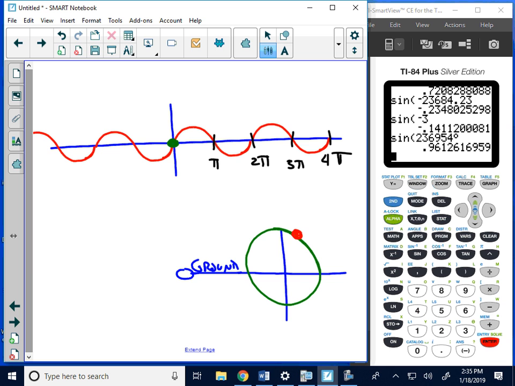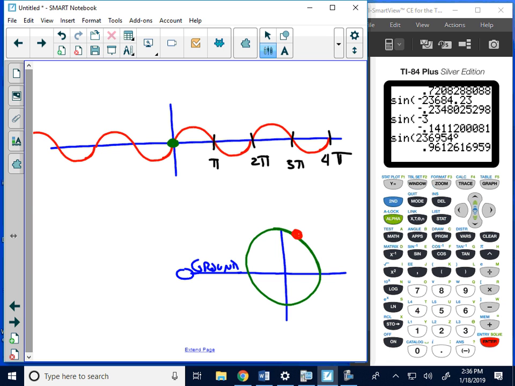What's so special about them? Well, they are x-intercepts. They're called the zeros of the function, right? Because that's where the graph hits the axis every time.